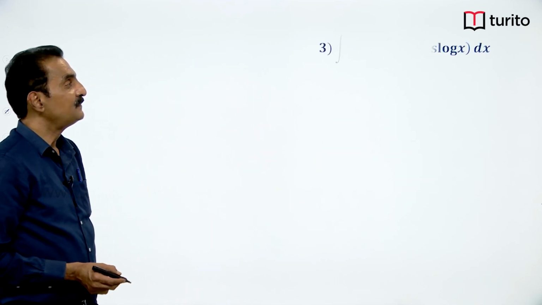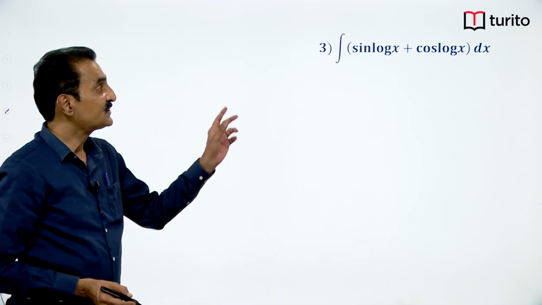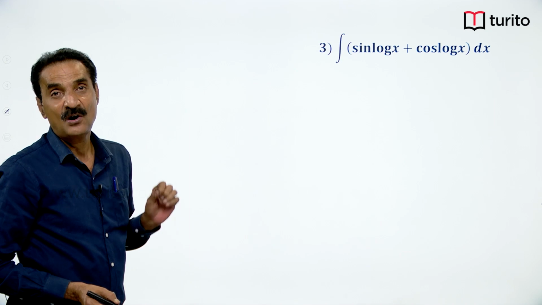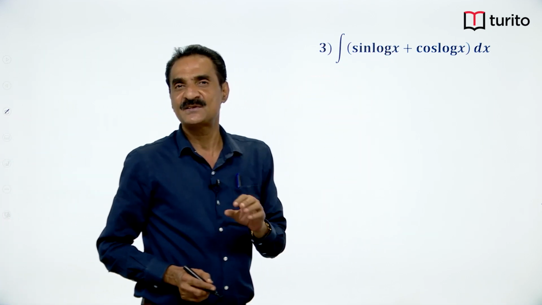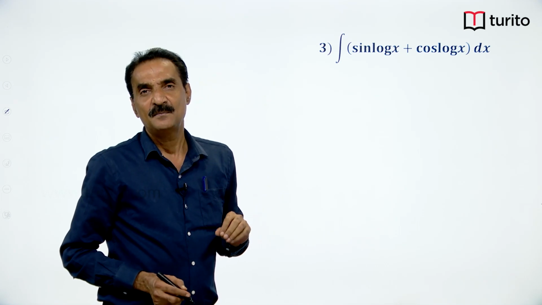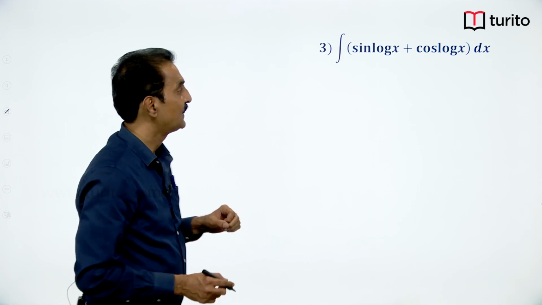Now, the next question, integral of sin ln x plus cos ln x. Whenever there is log x without base, we have to take it as the logarithm to the base e in calculus.